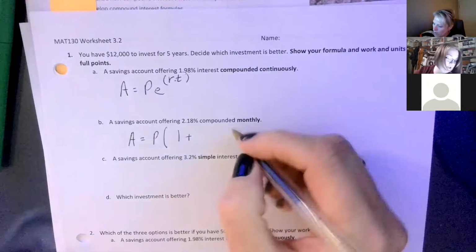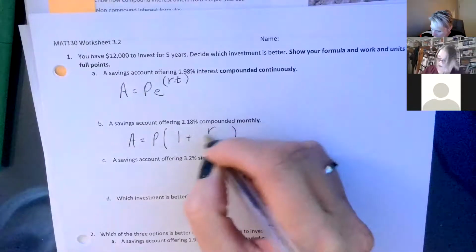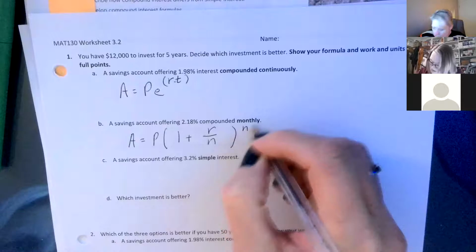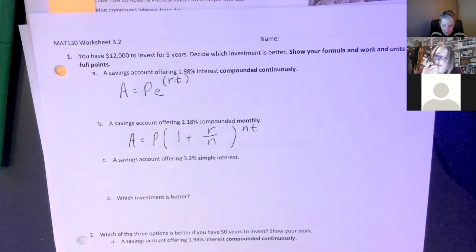Oh, but I need to do the divide, R over N, and NT. Keep talking myself through it. The compounding monthly is why we need the N.